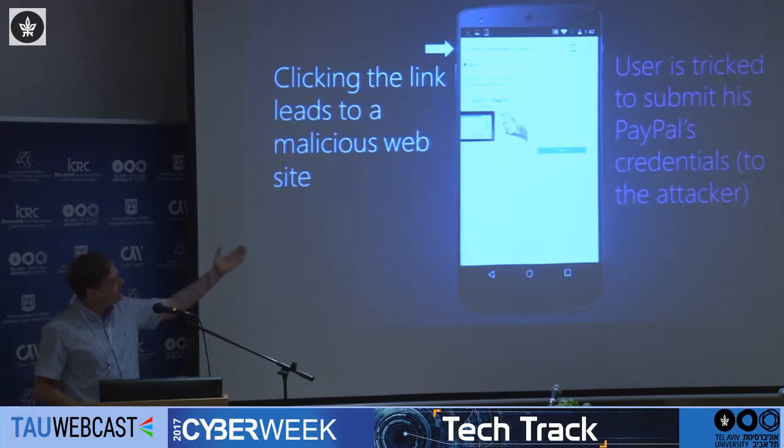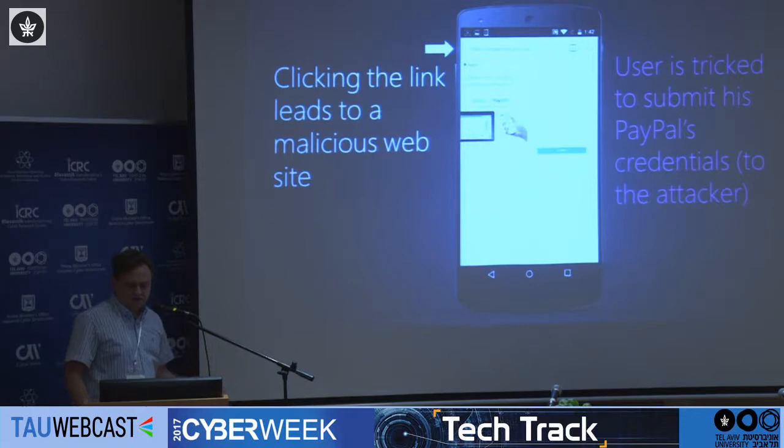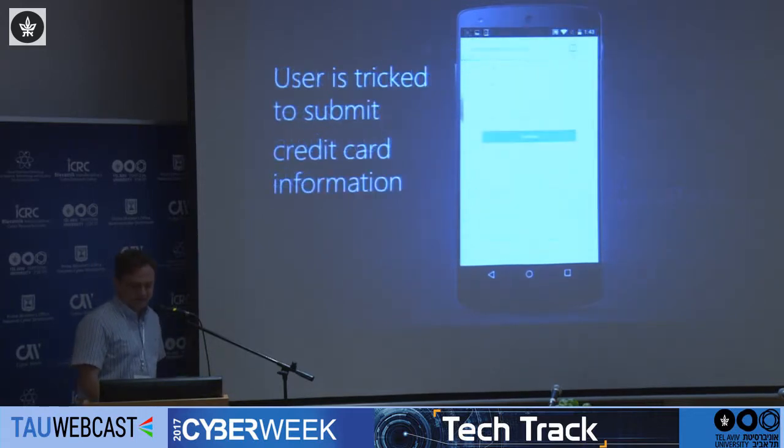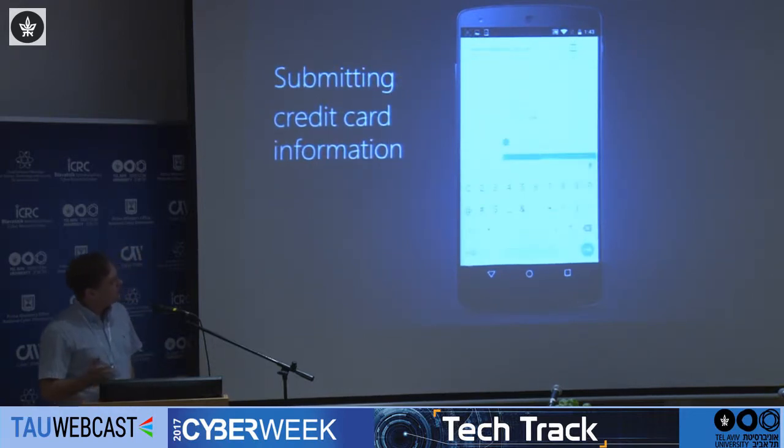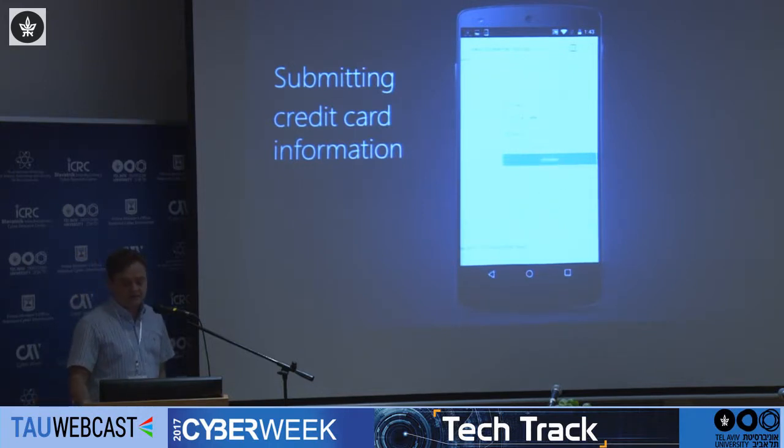It actually looks like the original PayPal mobile site, so some people will enter their credentials, credit cards, and at the end, most likely they will be redirected to the original PayPal site, so you won't know that we talk about a phishing attack. We talk about millions of people that actually fall for this and other attacks. Today we see more and more such attacks in the wild.